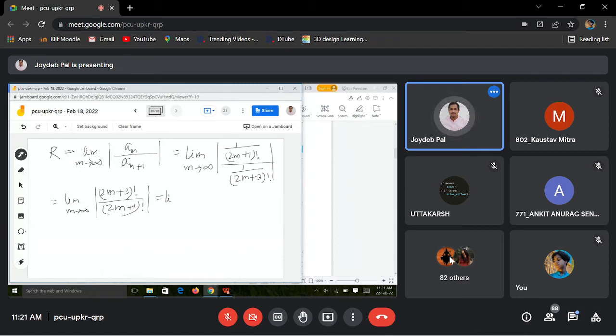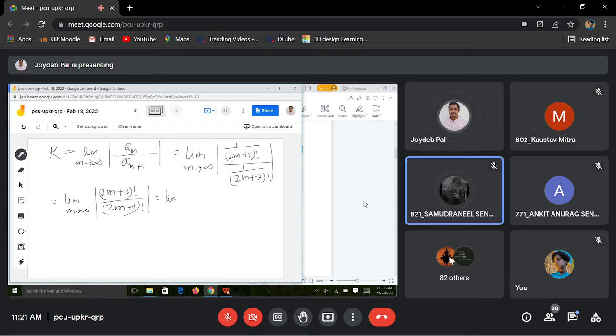Now look, (2m plus 3) factorial can be written as (2m plus 3) into (2m plus 2) into (2m plus 1) factorial. Then (2m plus 1) factorial and (2m plus 1) factorial cancel. So only a single term will be left. Single term or double term, sir?